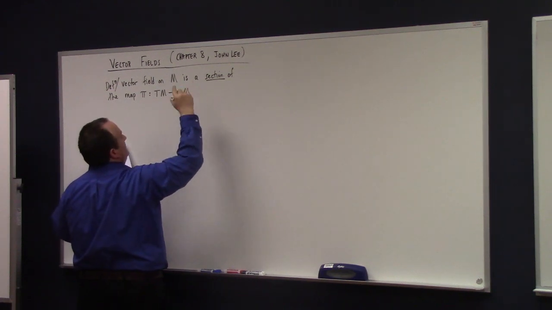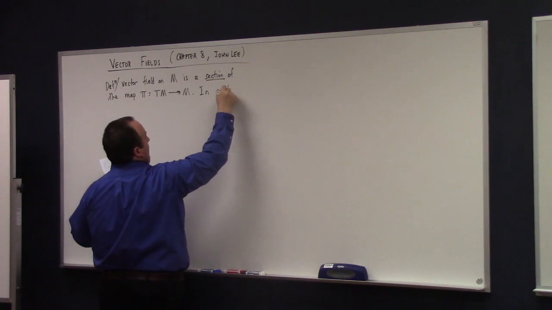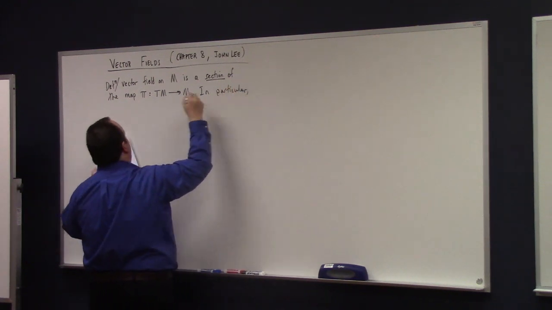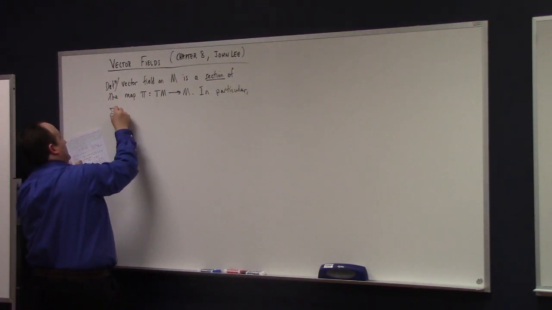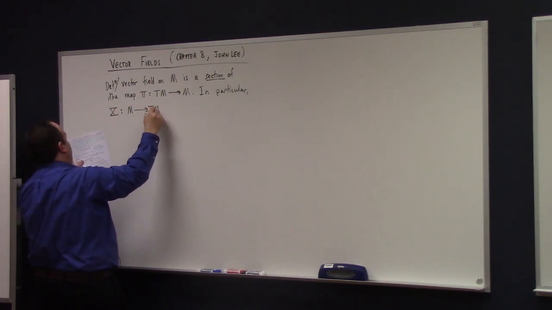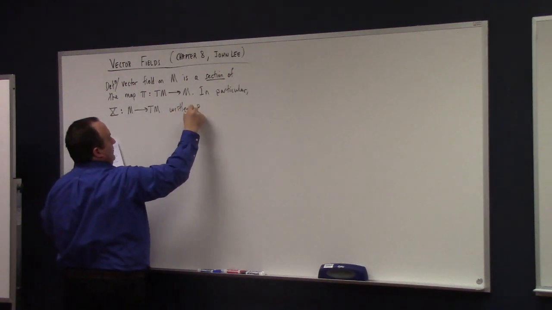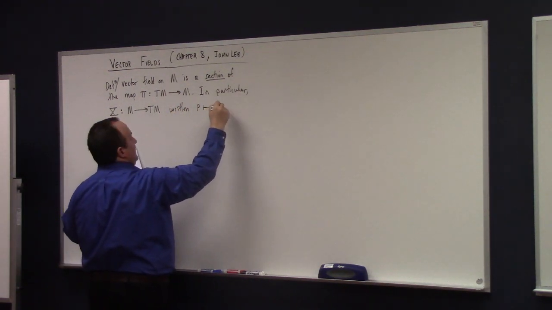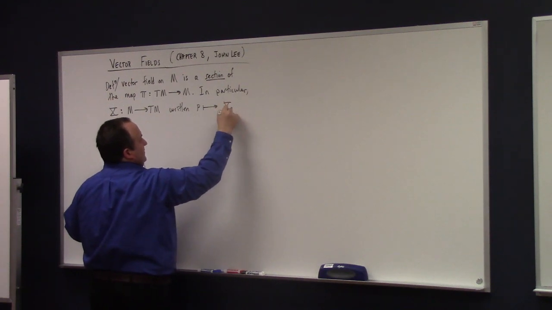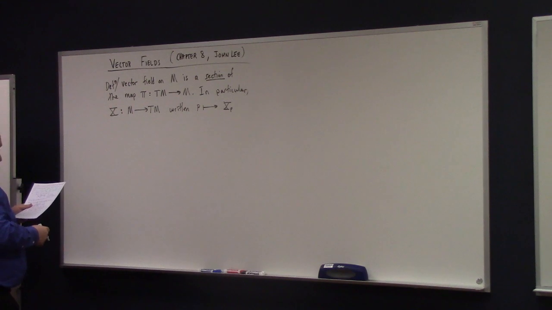Written as a section map. In particular, the vector field itself, X, is a mapping from M to TM, written p maps to X_p typically. We use a subscript p for that, that's the notation anyway.